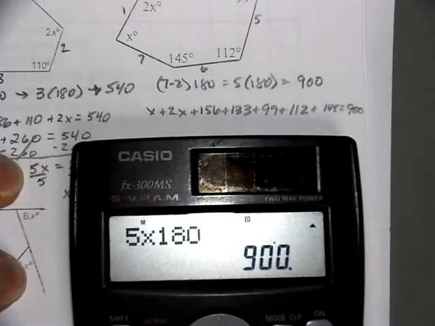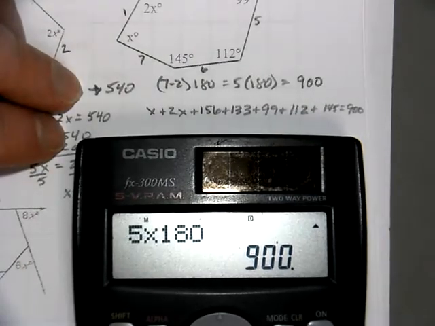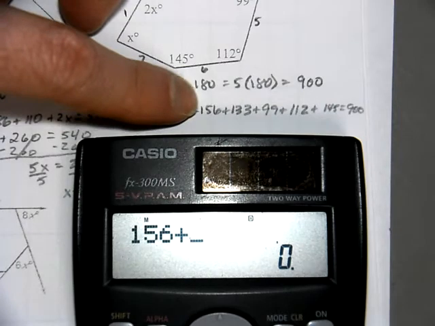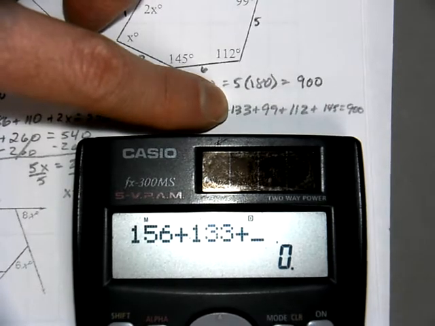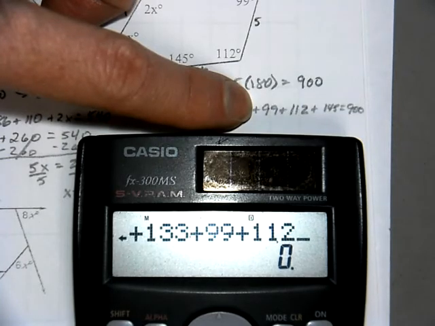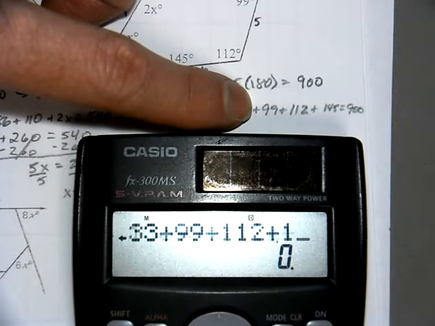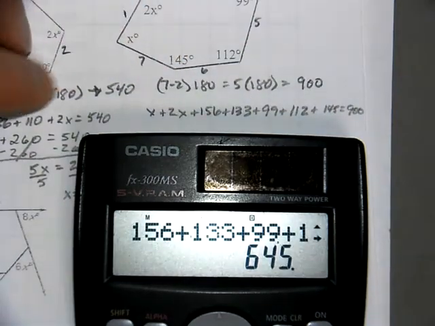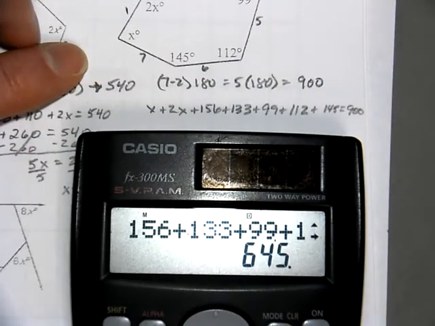Well, we take our calculator. We take our 156, 133, 99, 112, and the 145. Don't forget all the angles. Adds up to 645.